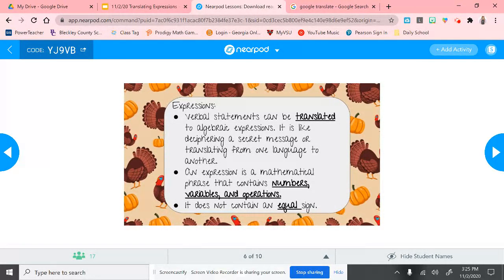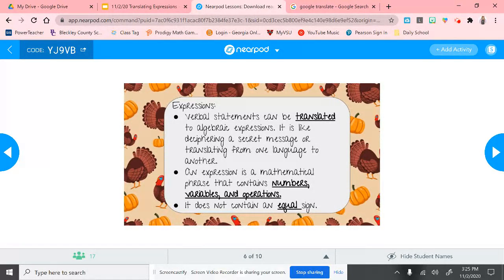All right, your flip words are going to be more than, less than, added to, and subtracted from.